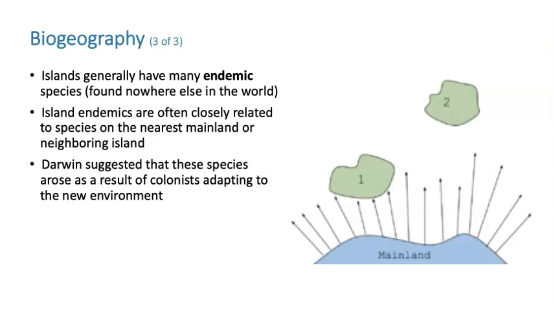Again, Darwin saw this himself, and we see this over and over again as we look at island biogeography. Darwin said that these species arose as a result of colonists adapting to the new environment, and again, we see that over and over again in islands that exist today.